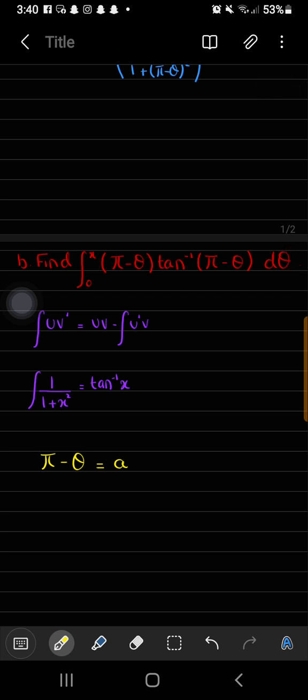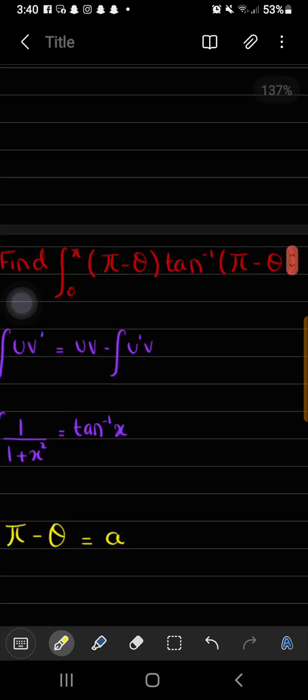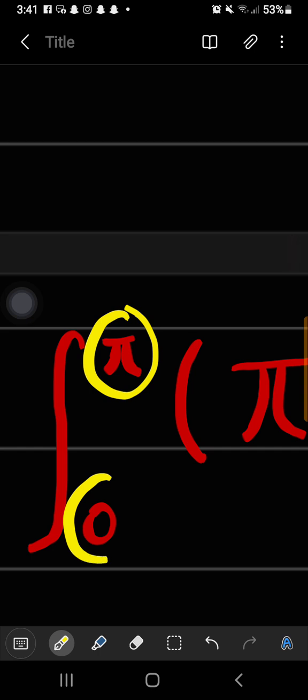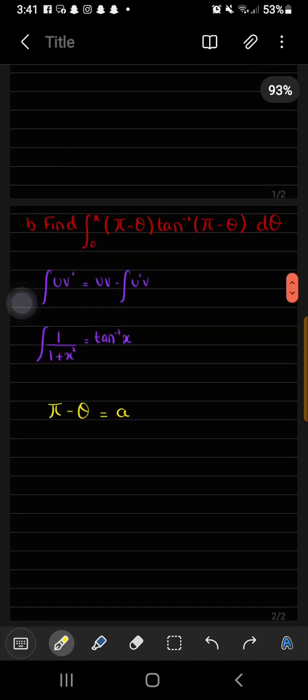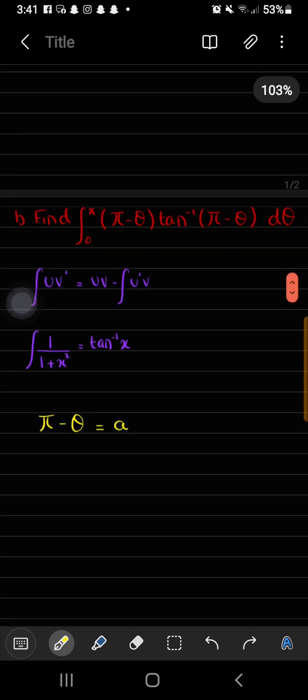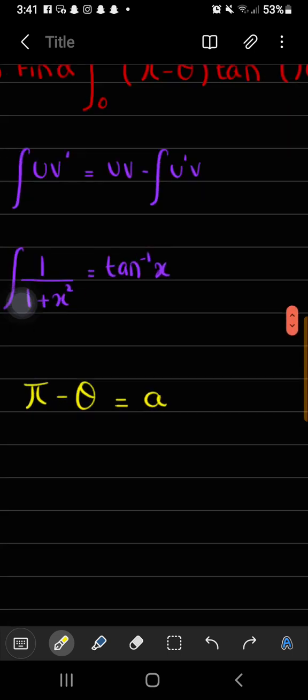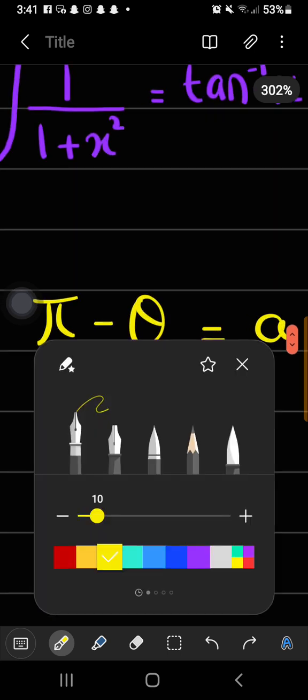So when I did this, I have to change the limits according to this, as our variable has been changed. This was a variable for the values, these values are for that variable. Now our variable has been changed. Now our variable is a, so our limits can be changed. Okay, so how will we change the limits? That's a good question. So we will do this.